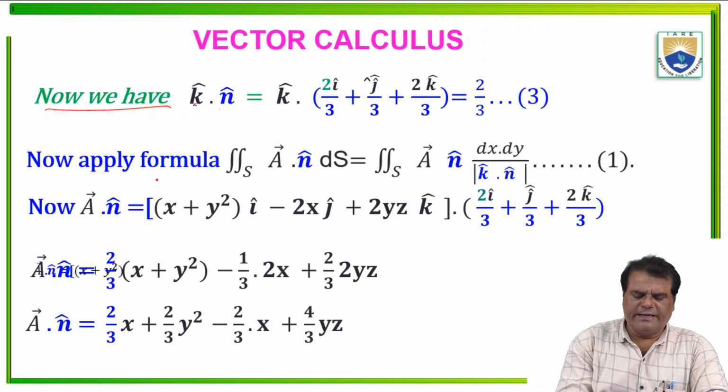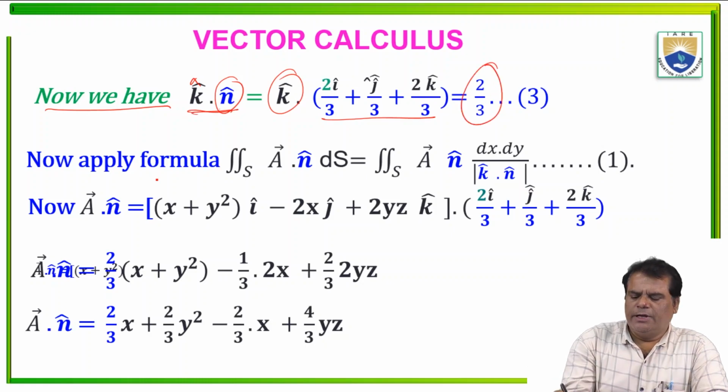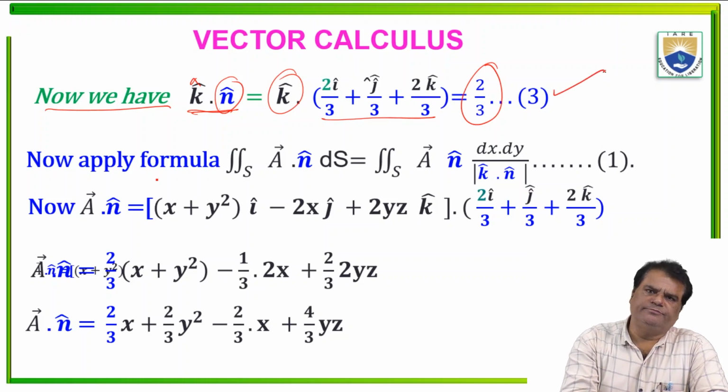So now apply here the k vector and the n vector. The k vector and n vector are this. So the value of k dot n is 2 by 3.